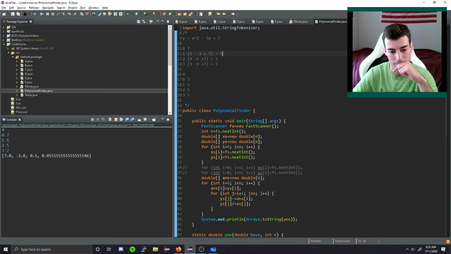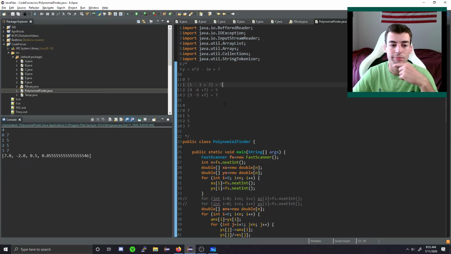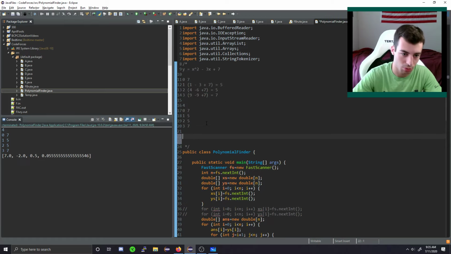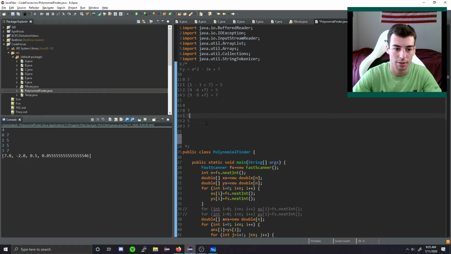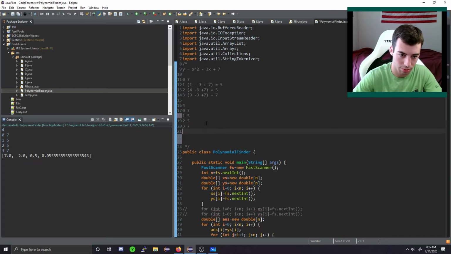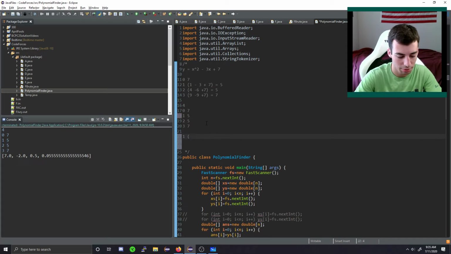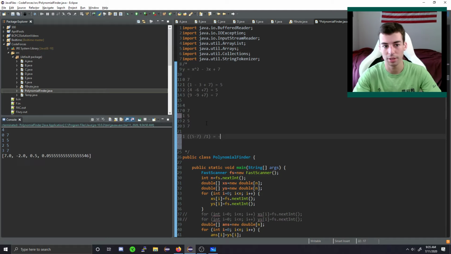Not quite. So what happens? We subtract out 7 from these and divide. So we've got 1, 5 minus 7 divided by 1. Equals -2.